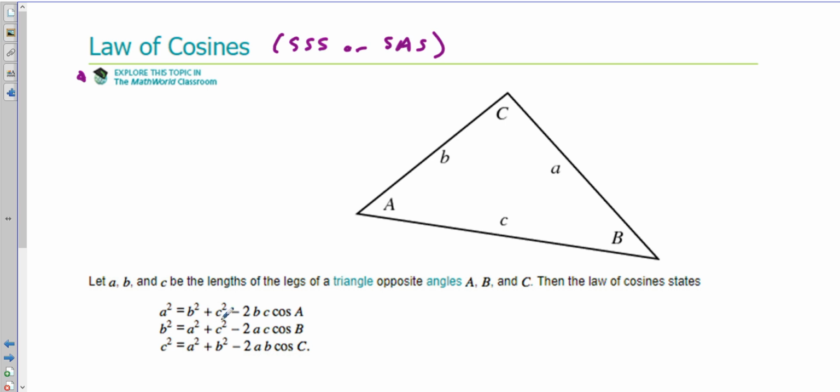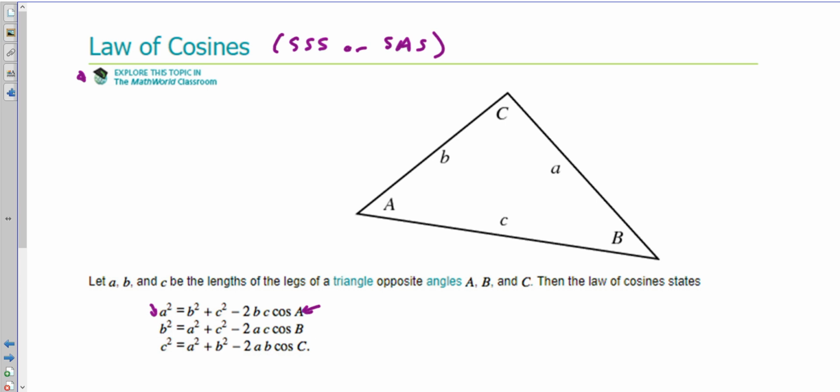Generally, it's the two sides and the angle opposite the third side you want to find. That's why it's side, angle, side. The side you solve for that's squared is going to equal the angle inside the cosine, or at least the one opposite of it.